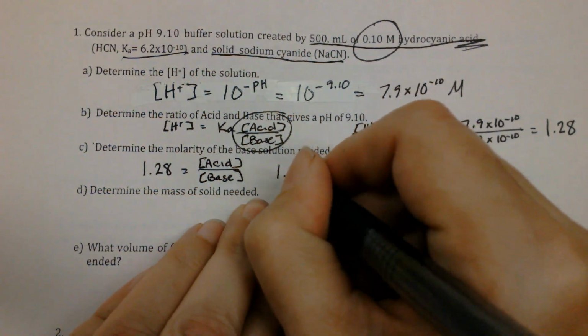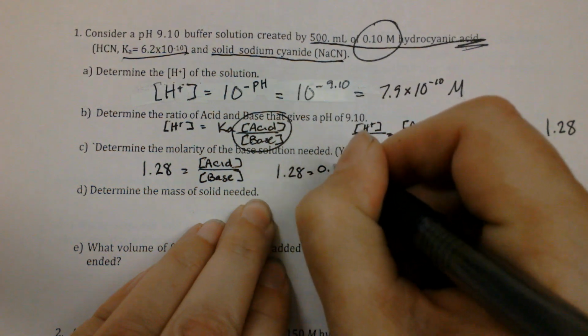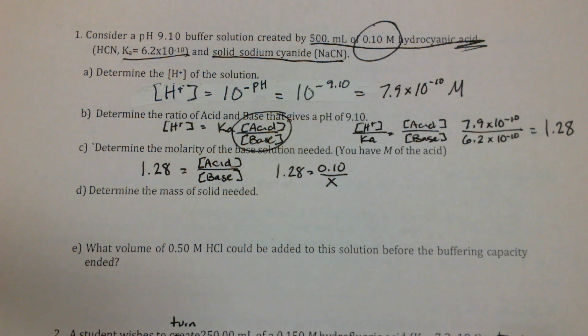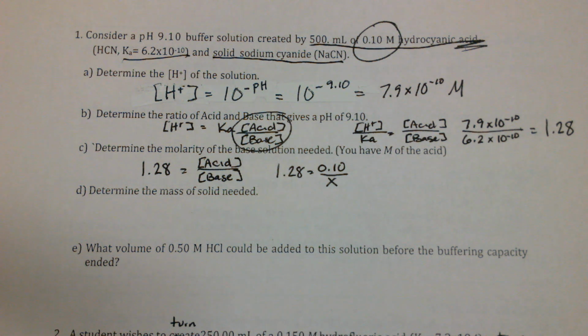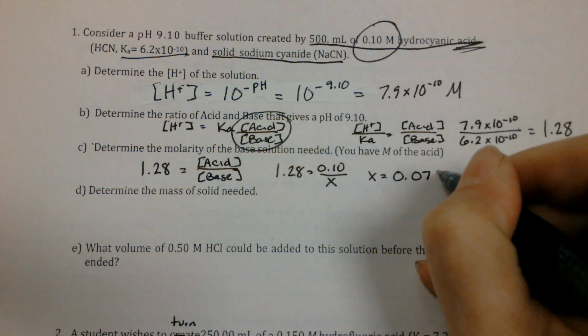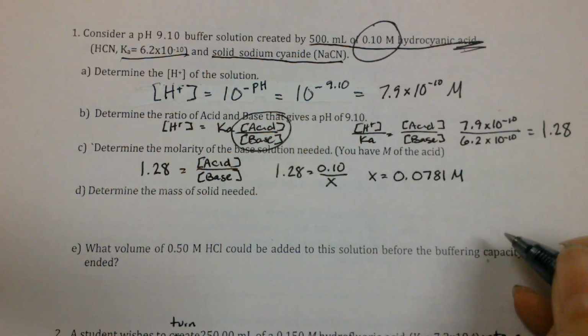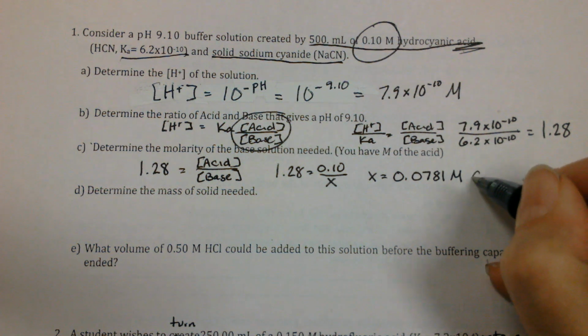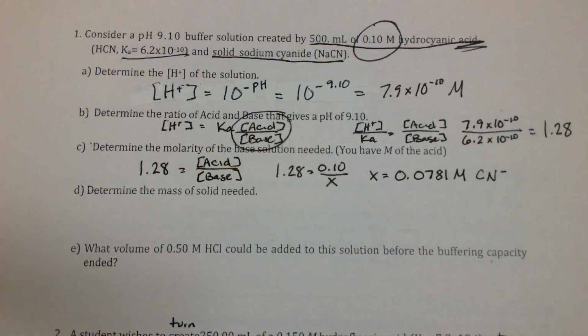So that's 1.28 equals 0.10 over the molarity I don't know, the molarity of the base. So that's just a matter of solving for x. We're going to end up dividing 0.10 by 1.28, which means x is going to be 0.0781 big M. That's the molarity of the base solution, the base, of course, being CN-.